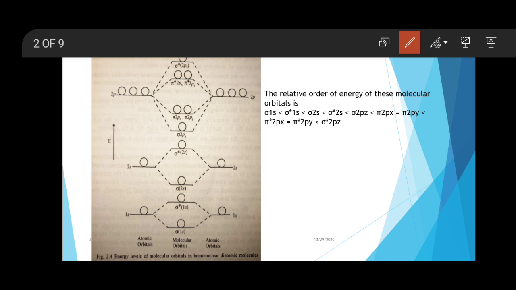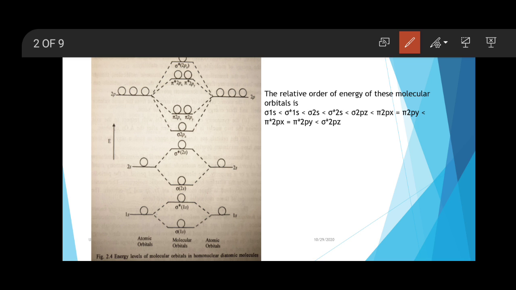Now, in the last video lectures we saw the application of this MO diagram for the formation of some smaller diatomic molecules like H2, He2, N2, B2, C2 and F2 molecules. All these molecules are simple diatomic molecules. Why are they called simple diatomic molecules? Because all these molecules have elements that belong to the second row of the periodic table.